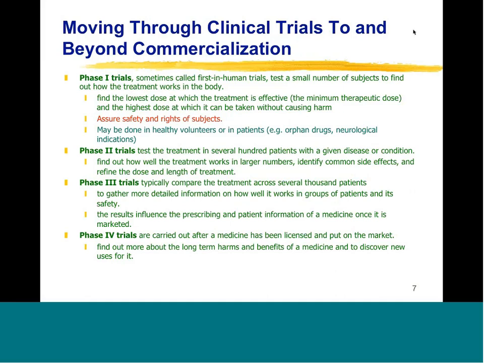It could be done in healthy volunteers, or in certain indications, such as orphan drugs or certain neurological indications. Obviously, you won't do that in healthy volunteers. You go directly to patients. And the important thing is you're assuring safety and the rights of subjects, and that ties to all the forms, the consent forms, and everything else that comes into a phase 1 trial. I won't move into the other trials, just in the interest of time.